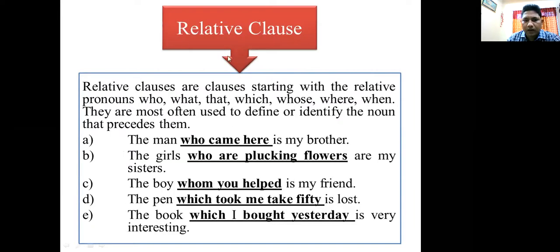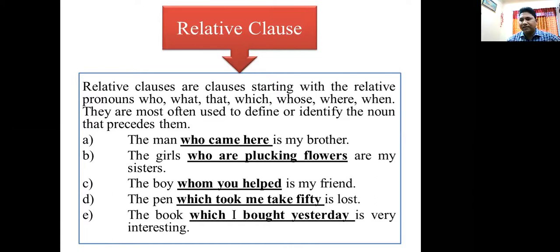Okay, come to the next one, that is relative clause. Relative clauses are clauses starting with the relative pronouns like who, what, that, which, whose, where, when. So basically, relative clauses begin with WS word. They are most often used to define or identify the noun that precedes them.